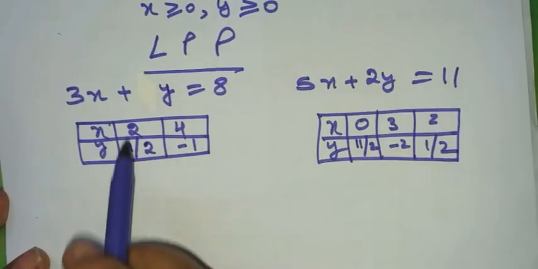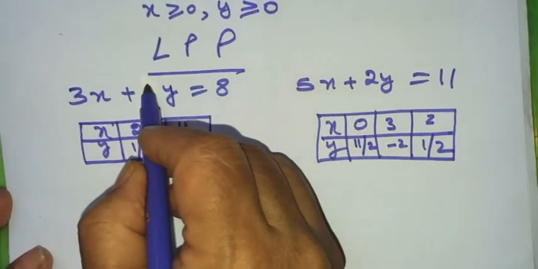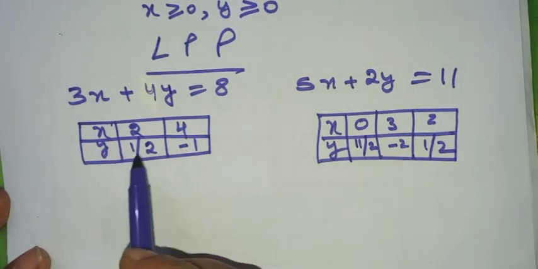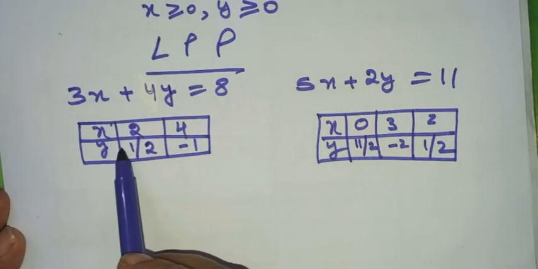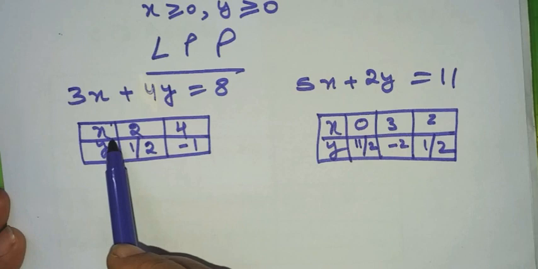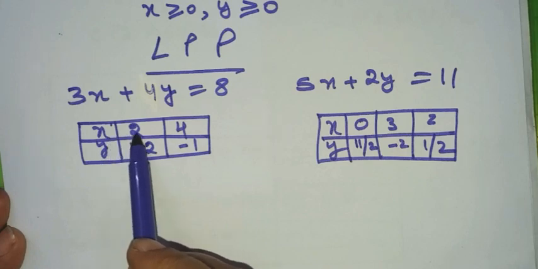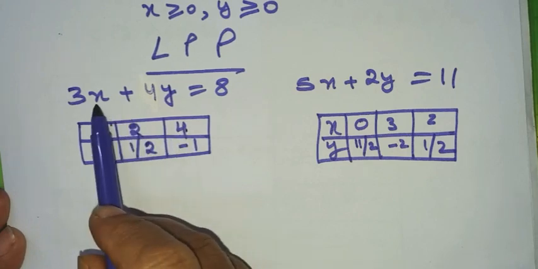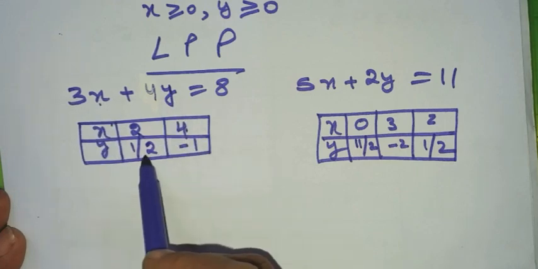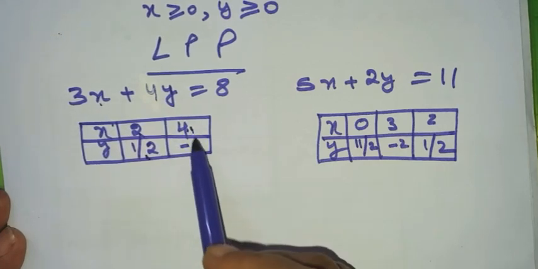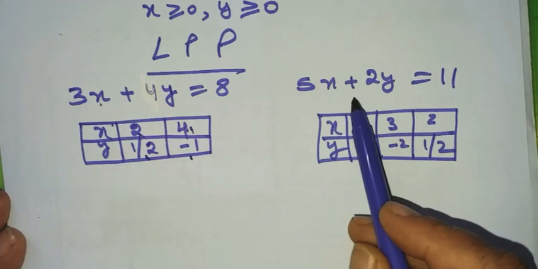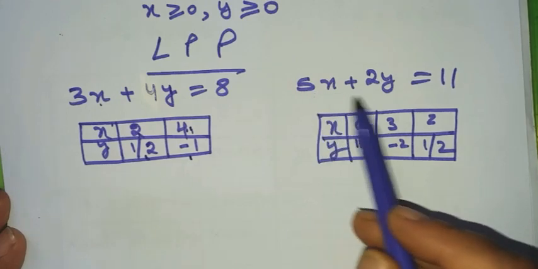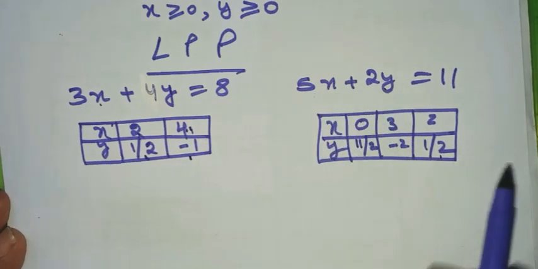To graphically plot this equation 3x plus 4y equal to 8, I made a table, and I gave the values 2 and 4 to x. So, if I put x to be 2, y will be 1 by 2, and if I put x to be 4, y will be minus 1. Similarly, I gave the values to x and I got the corresponding values of y.